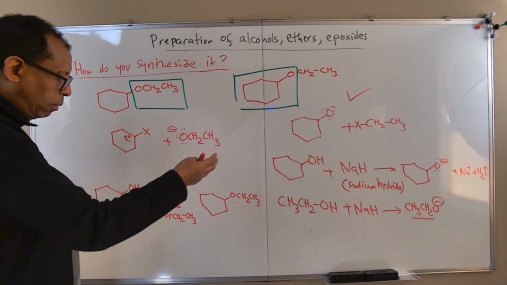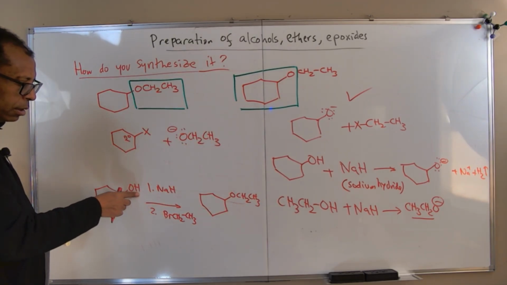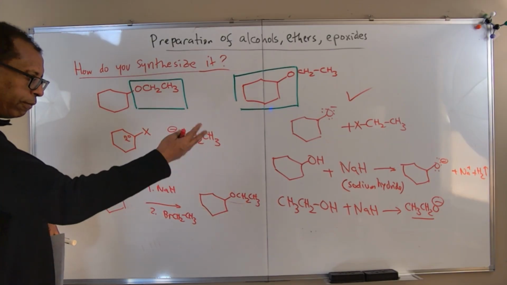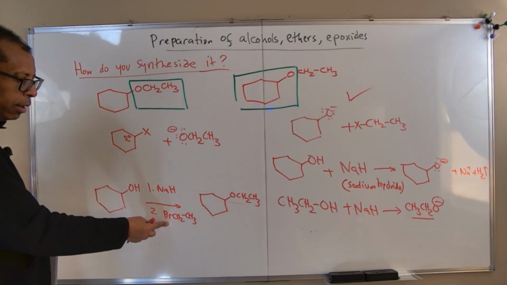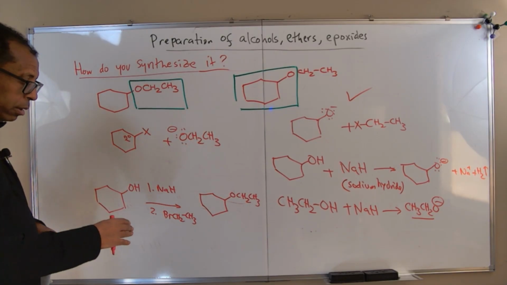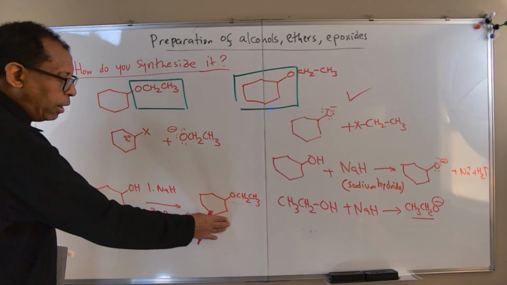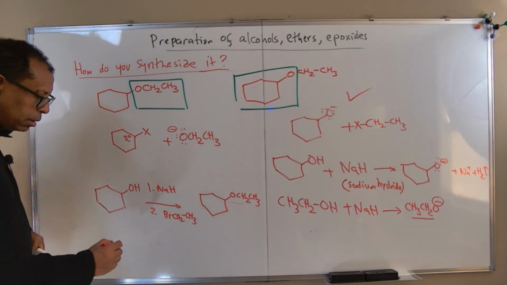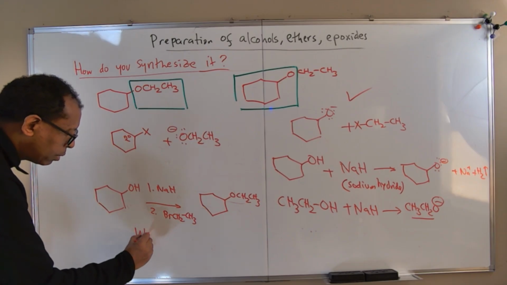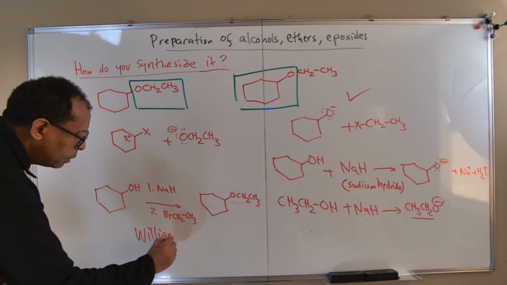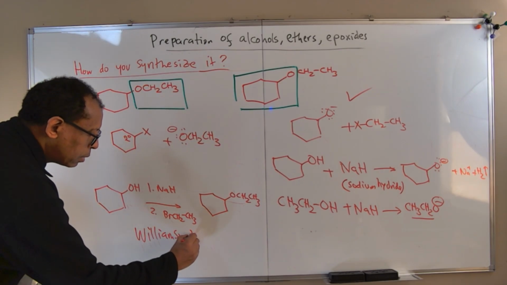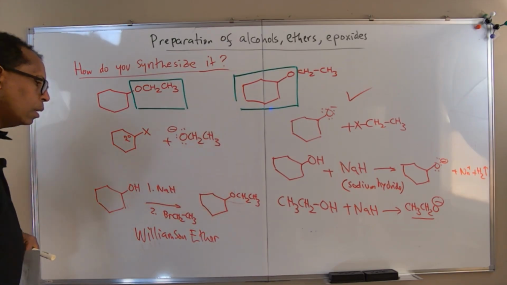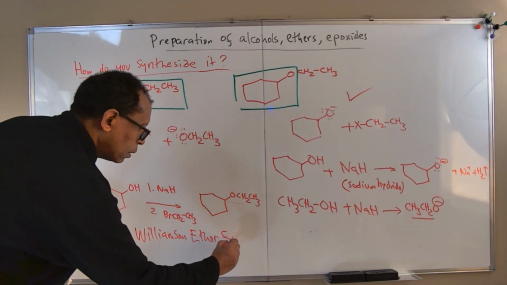Once the proton is snatched and hydrogen gas is formed, you add your alkyl halide, the electrophile, we call it electrophile. Now you have the ether. So this is a good Williamson ether synthesis.